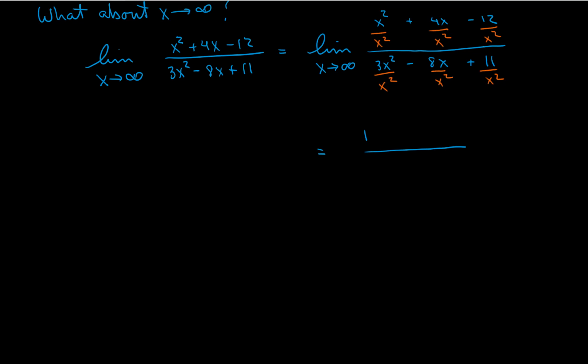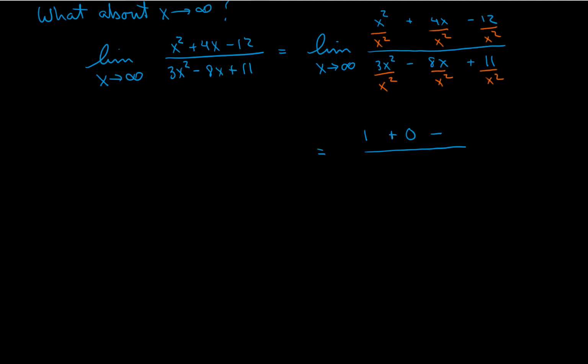Then for our second term, the 4x over x squared, the denominator is going to get big much faster than the numerator. As that denominator gets bigger and bigger, you have things like 1 over a million, 1 over a billion, 1 over a trillion. 1 over a trillion is basically 0. So the second term is going to 0.